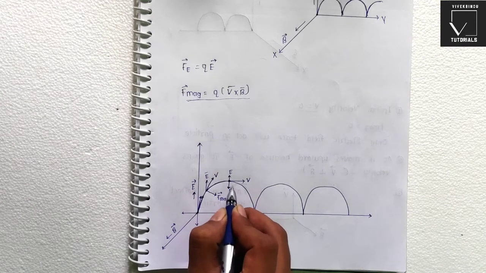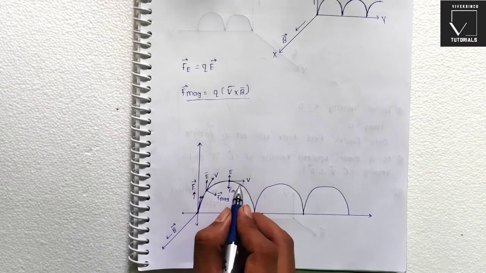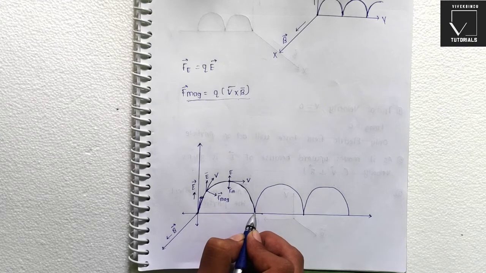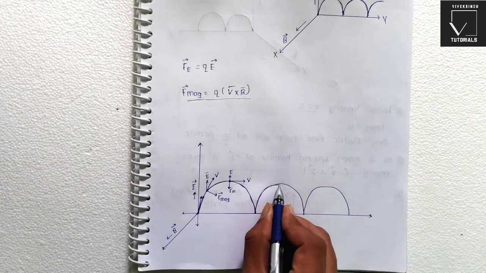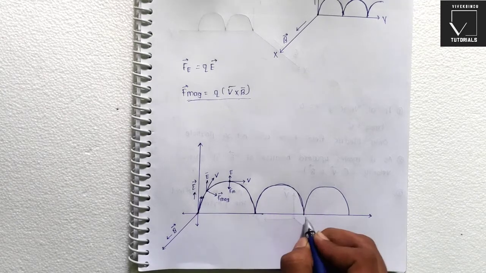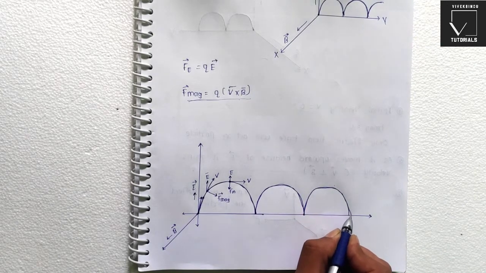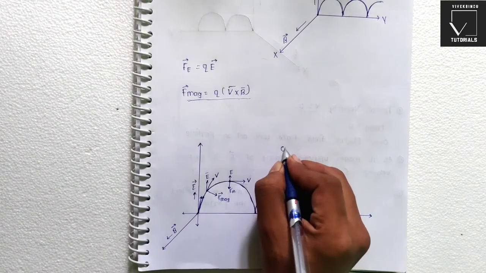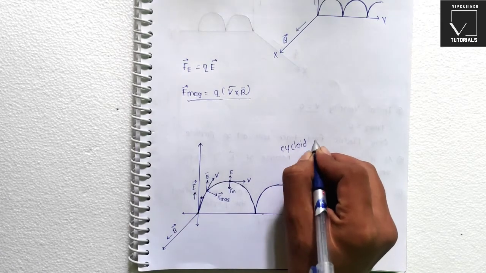Therefore it will again get deflected in the downward direction, and it will come to this point, and again the cycle continues and it will move in this path. This path is called a cycloid. So when a particle is moving in an electromagnetic field, it will trace a cycloid path, and its motion is called cycloid motion.